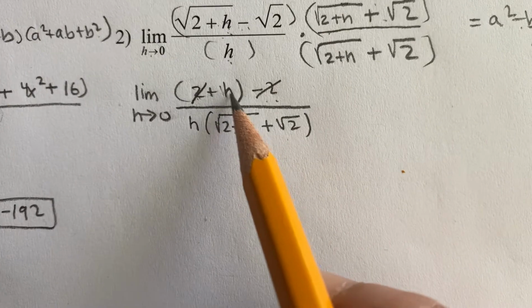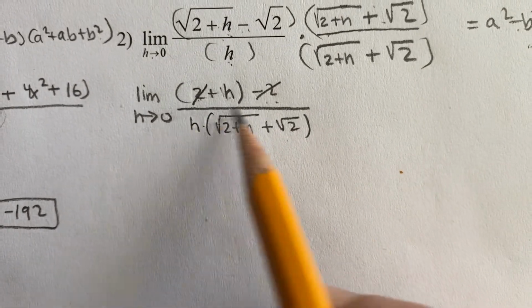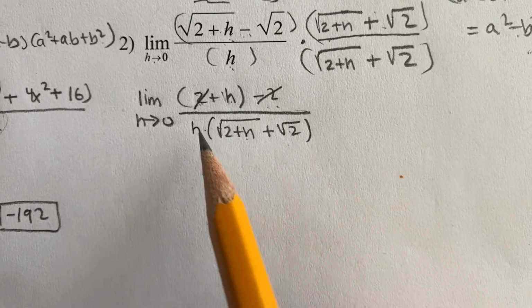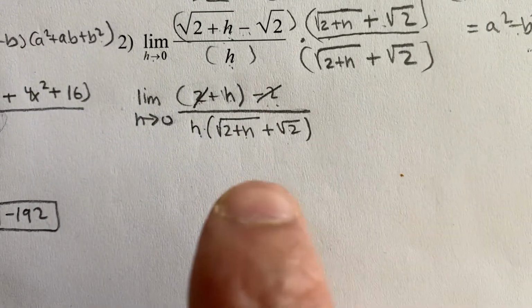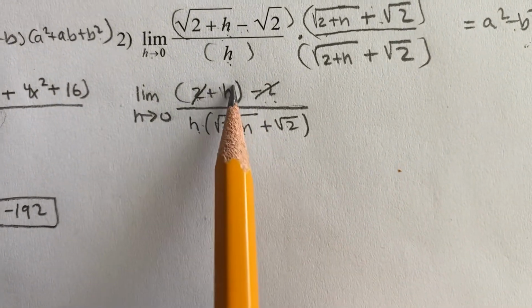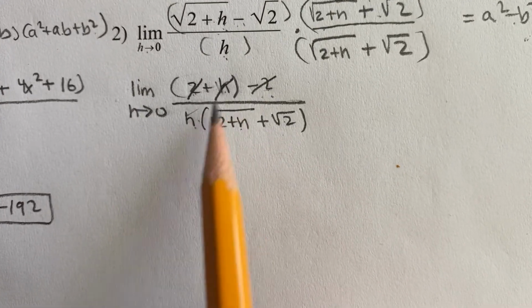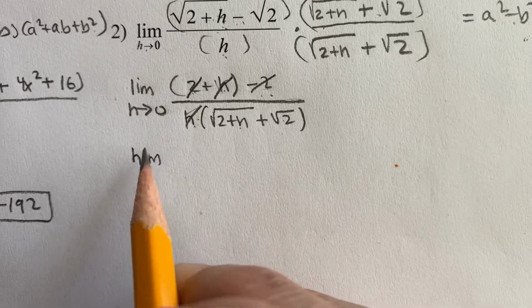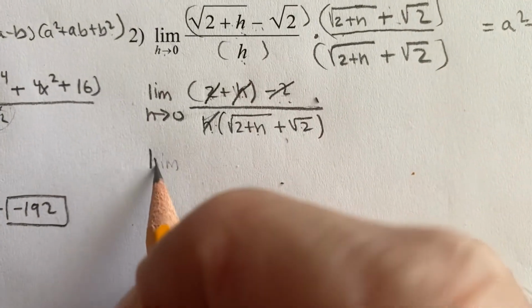And so what you have right now is h over the square root of 2 plus h plus root 2 times h. And if you can visualize these 2's disappearing, this h and this h will cancel out. And now you have a nice, this is not him, it should be limit. I was looking at the h there.